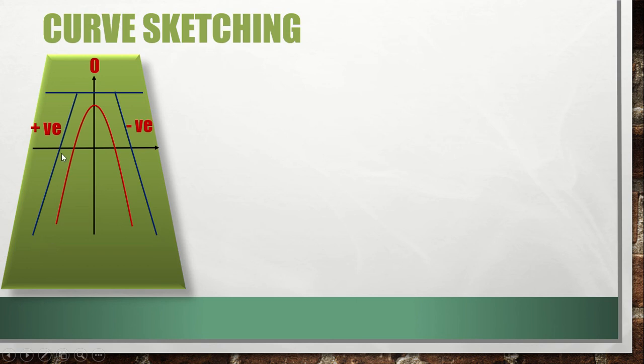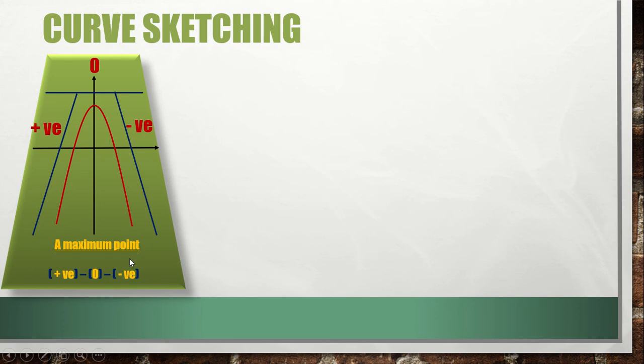So a maximum point bears the following nature of points. It starts with a positive gradient, then a 0 gradient, then a negative gradient. Positive gradient, 0 gradient, negative gradient. That's a maximum point. So if you want to curve sketch, you have to know if it's a maximum point, this is what should be in your mind. Positive gradient, 0, and then negative gradient.